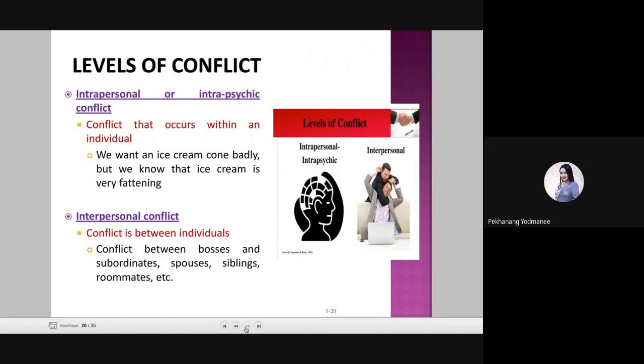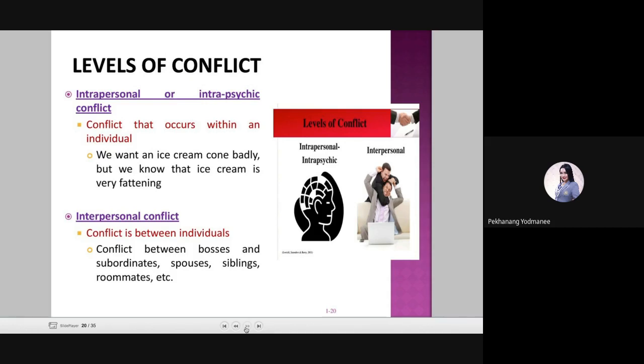Conflict can include ideas, thoughts, emotions, values, or drives that are in conflict with each other. When we want an ice cream cone badly, but we know that ice cream is very fattening.